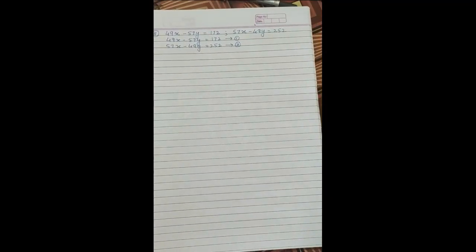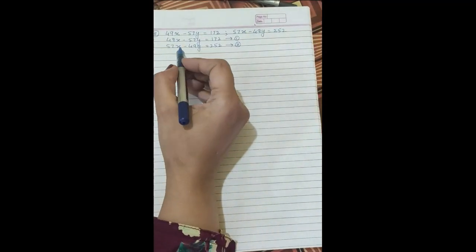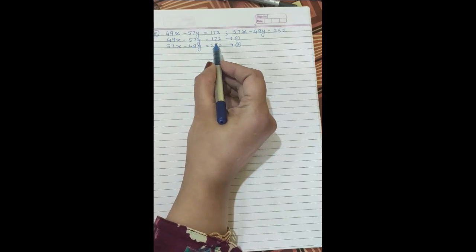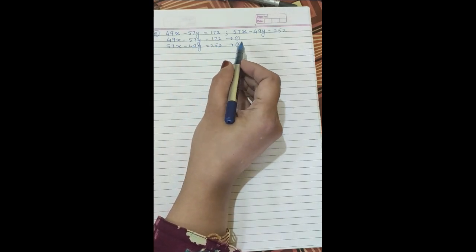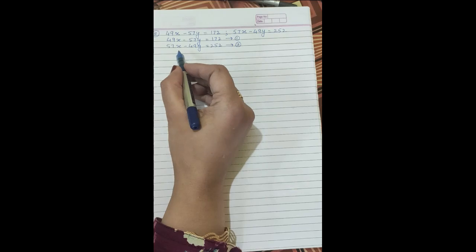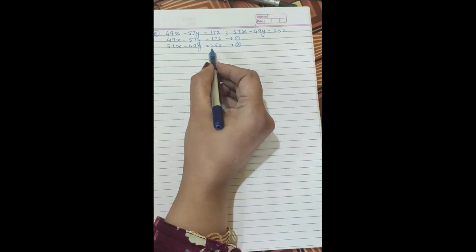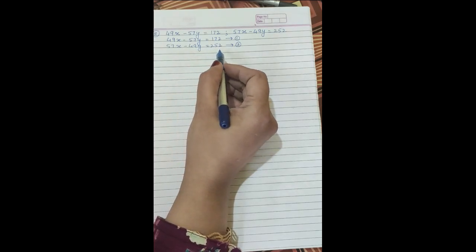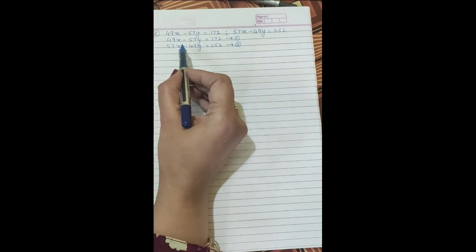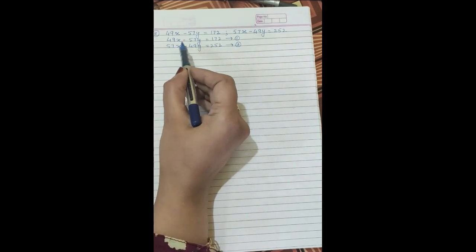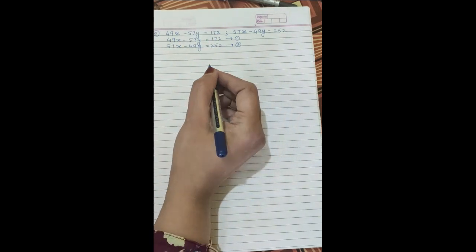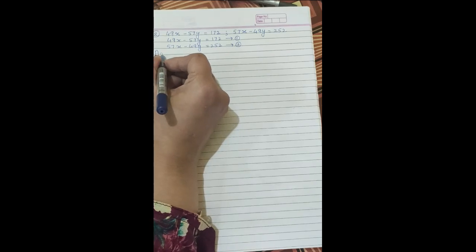Now look at the next example, example 8. 49x minus 57y is equal to 172. Give it equation number 1, and the second one is 57x minus 49y is equal to 252. Observe it carefully. The coefficients of the variables are interchanged here also. Therefore, simply add equation 1 and 2.